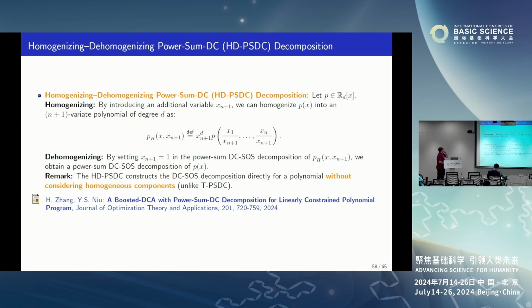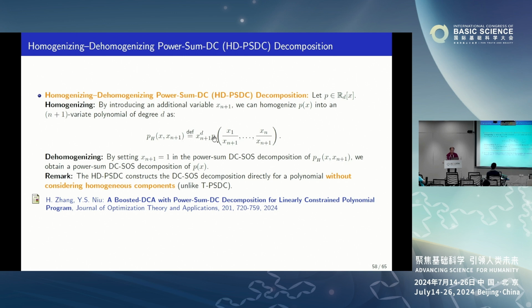The second idea is homogenizing and dehomogenizing power sum decomposition. This means that instead of getting a decomposition for forms, we can get a decomposition for the whole polynomial by homogenizing first, because any polynomial can be cast into a homogenized polynomial by introducing x_{n+1} power d like this.